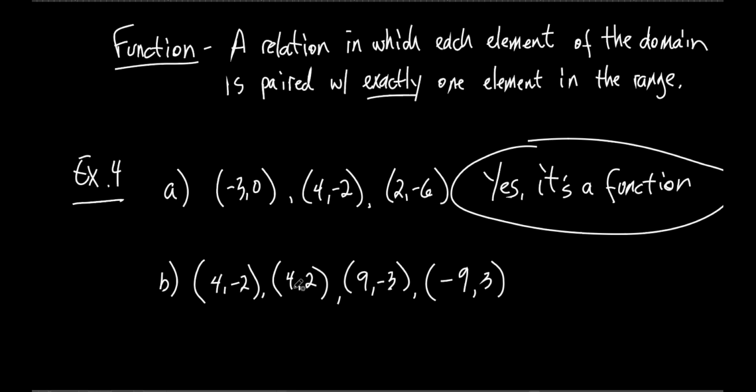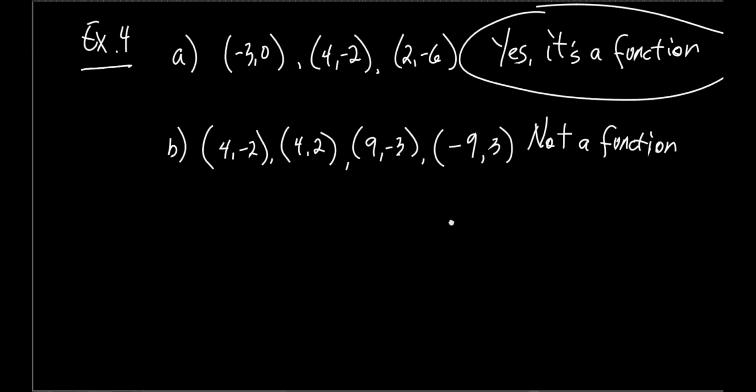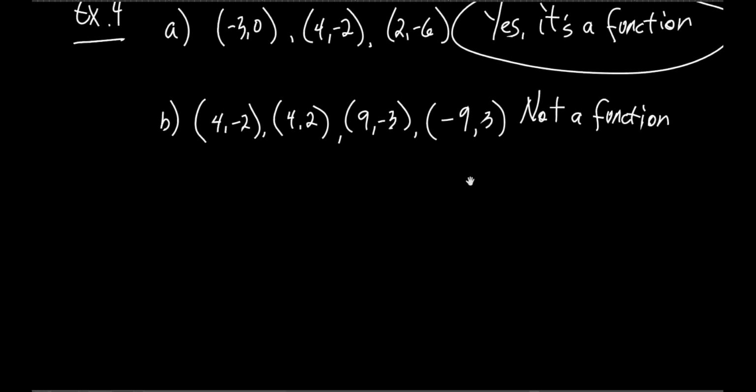Agreed? Even though positive, negative, they're still completely different numbers. So that alone, I could stop right there and say this is not a function. I don't even have to go any further. Just that one thing that's happening. So let's talk about this as far as the graph. This is going to lead us up to something here, I promise.